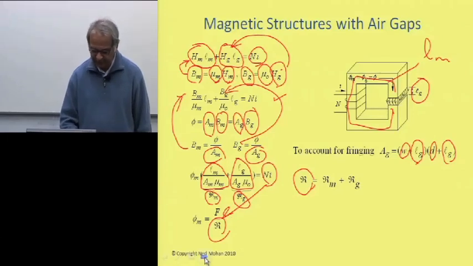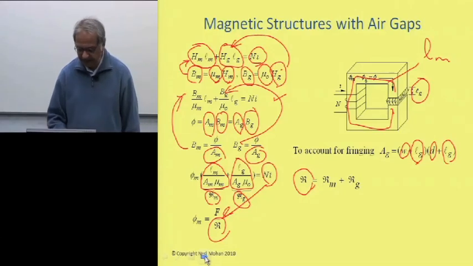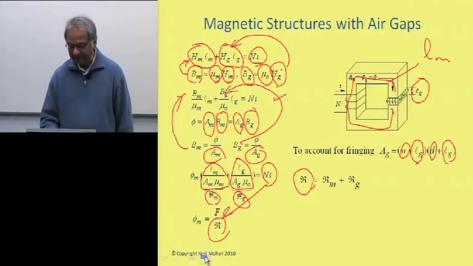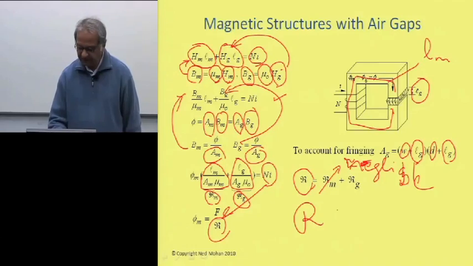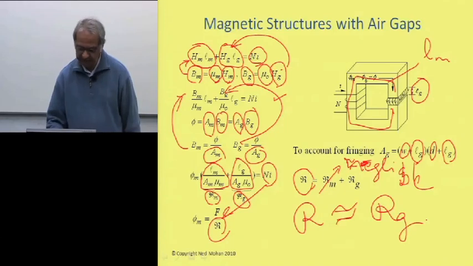So we can take into account the air gap, and quite often the reluctance offered by the magnetic path here is much smaller, not zero, but much smaller, let's say negligible, and so this overall reluctance is more or less equal to the reluctance offered by the air gap here.